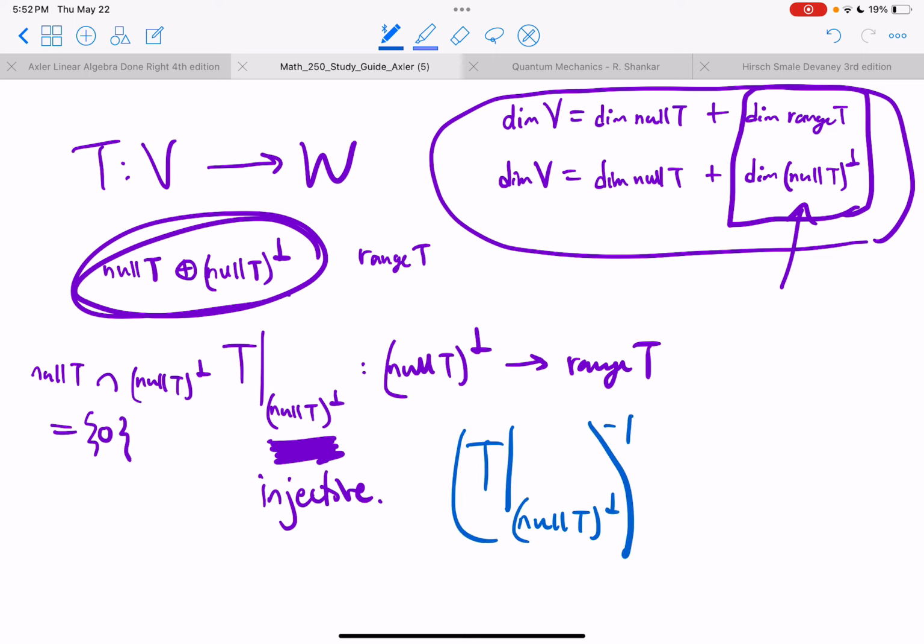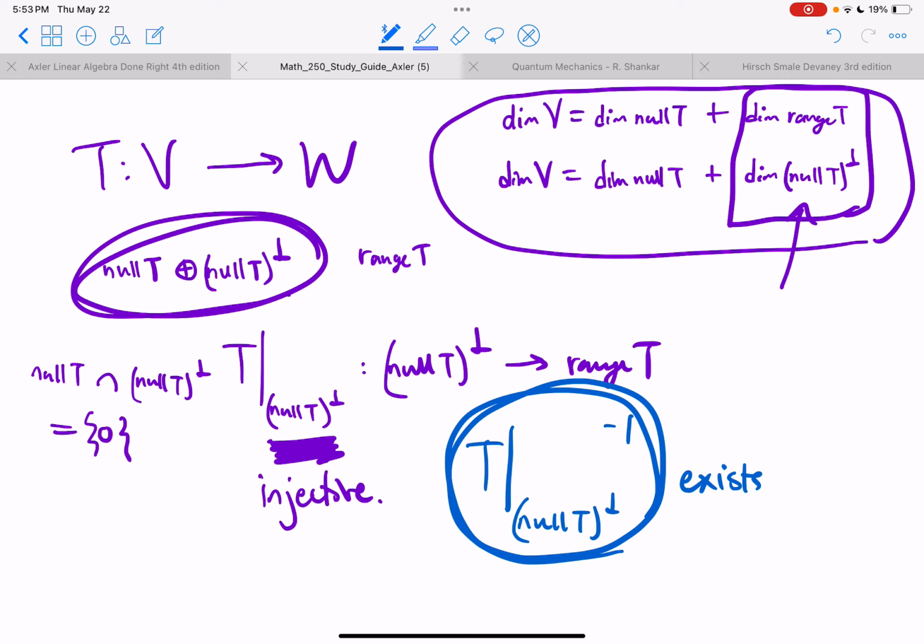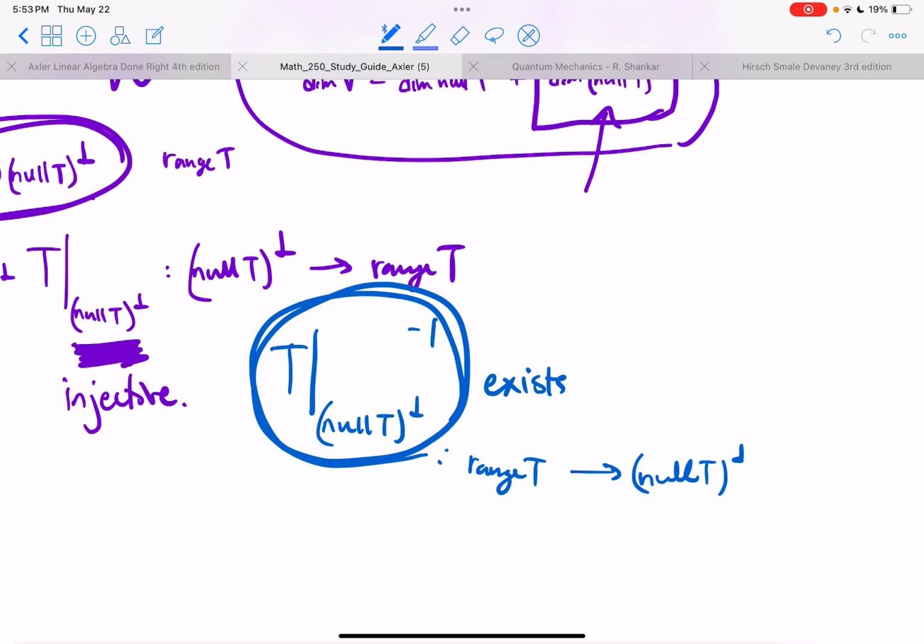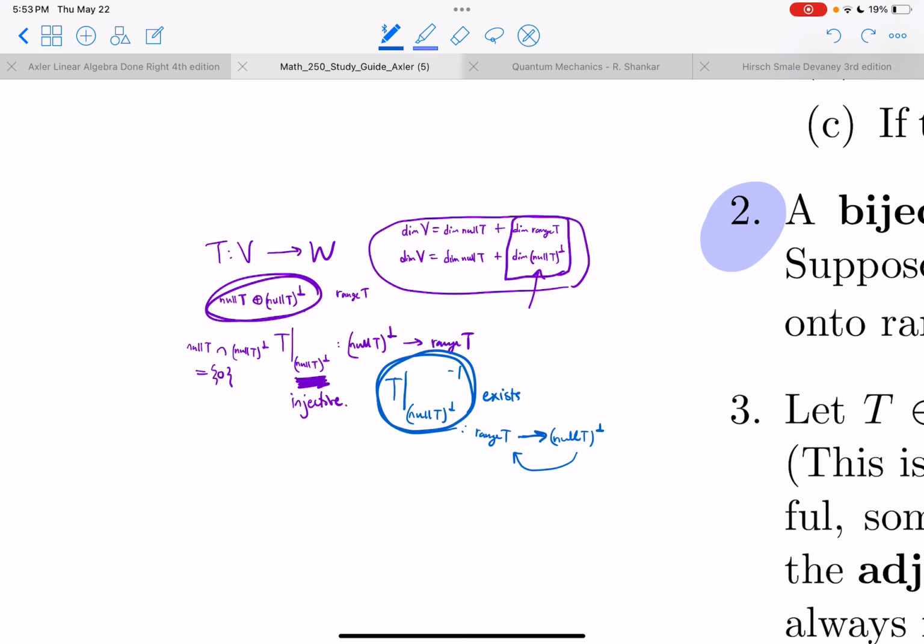So this inverse exists. What does the inverse map do? It sends the range of T back to the null of T perp. Okay? It just undoes what T did when it took vectors from here to here. Now we're undoing it. That's what the inverse does.